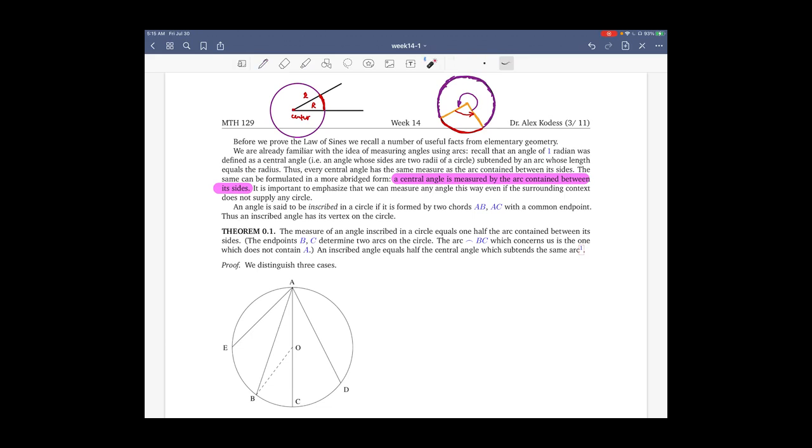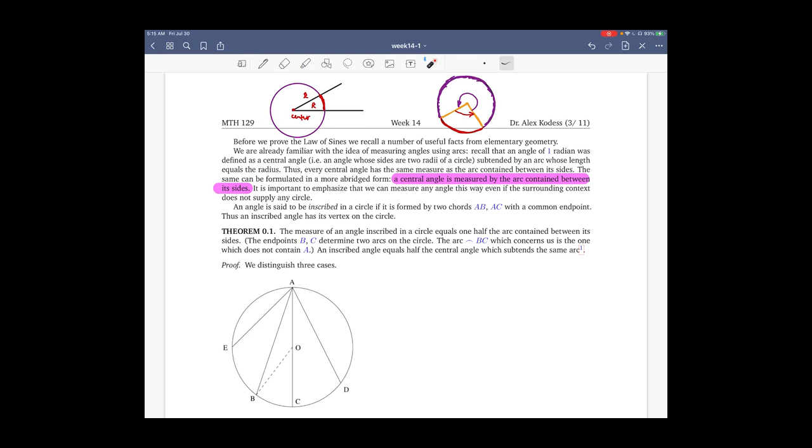Half the circle corresponds to half the circumference, whose length is pi, and that is indeed an angle of 180 degrees. So that is a very important idea: a central angle is measured by the arc contained between its sides. We're going to be measuring angles by arcs.